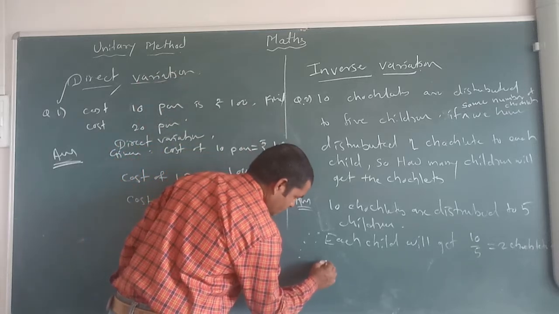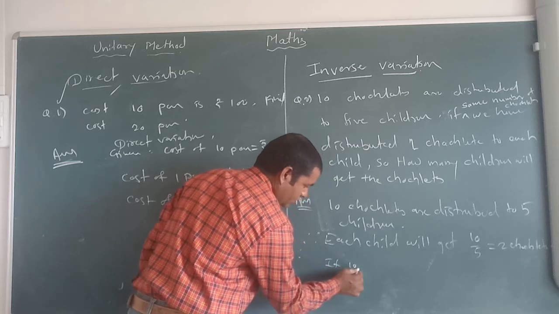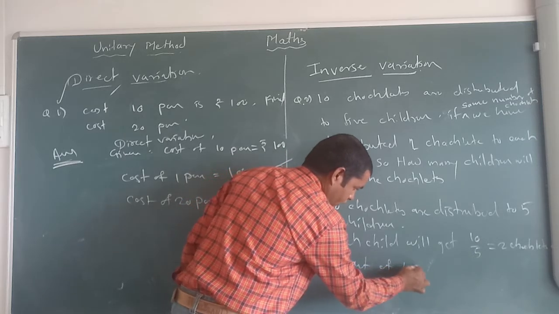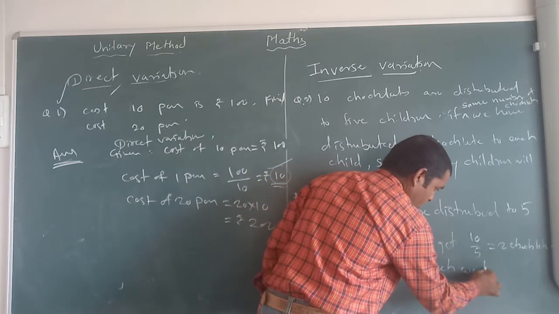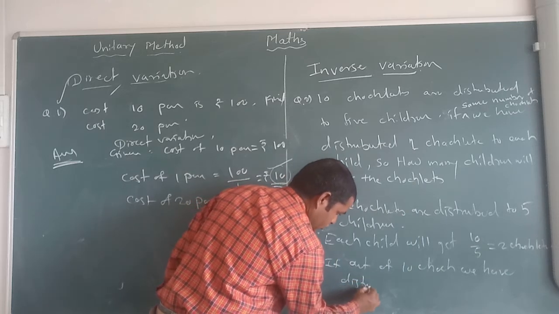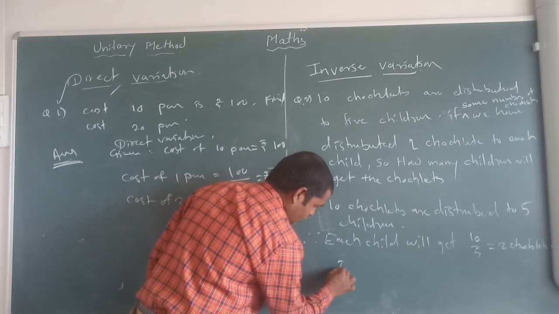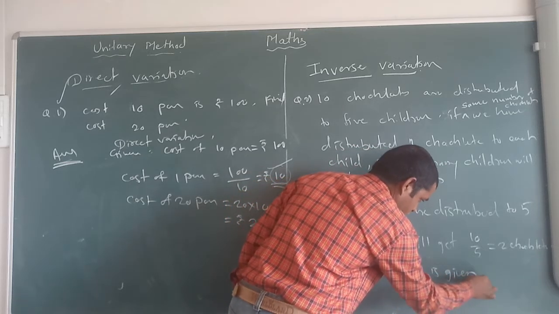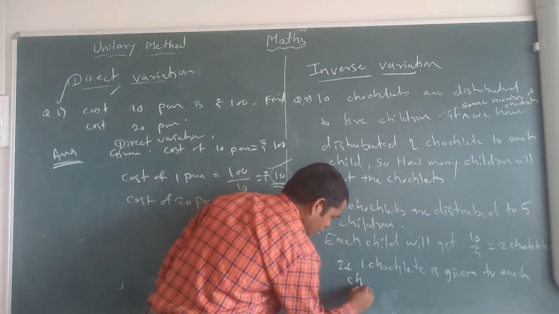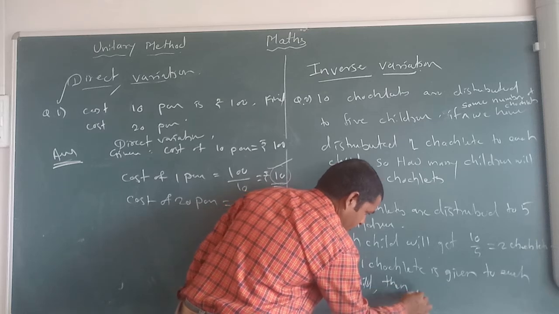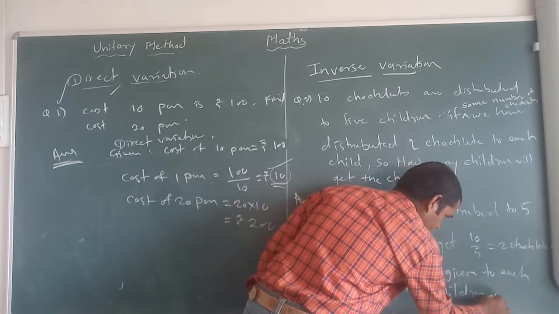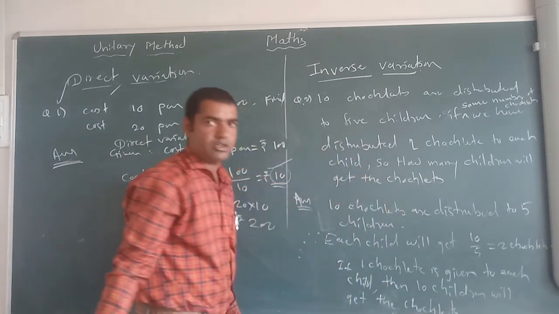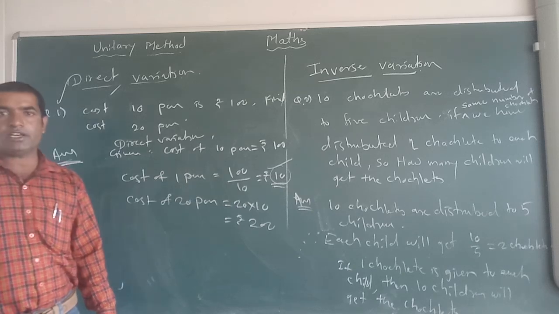Therefore, out of 10 chocolates we have distributed, or you can write, if one chocolate is given to each child, then 10 children will get the chocolates. Okay, so this is the difference between direct variation and inverse variation.